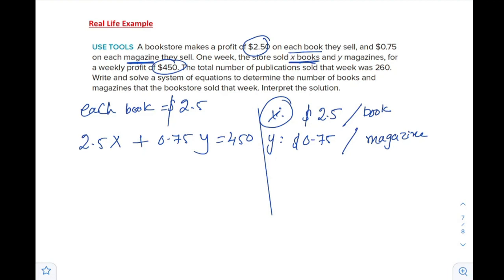The total number of publications sold, total number of publications يعني including the books and the magazines, مجموع المبيعات, was 260. So the total number of publications coming from X books and Y magazines, so we are adding them to get 260, the total number.